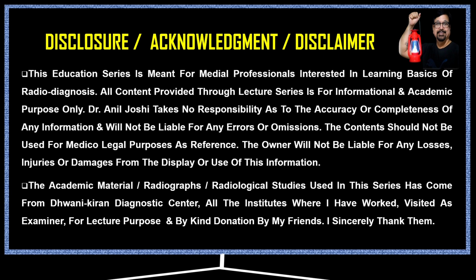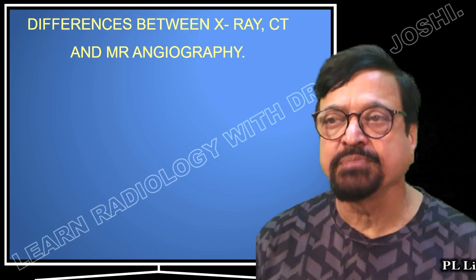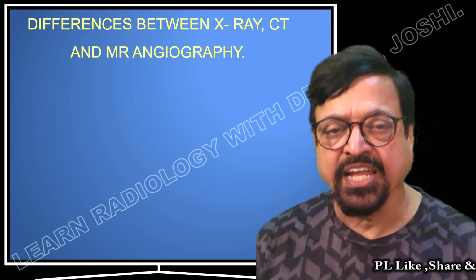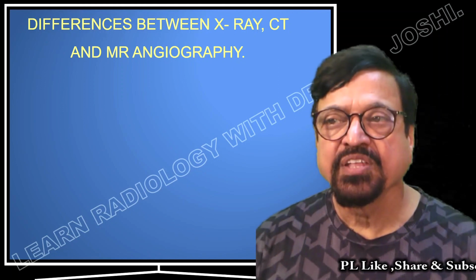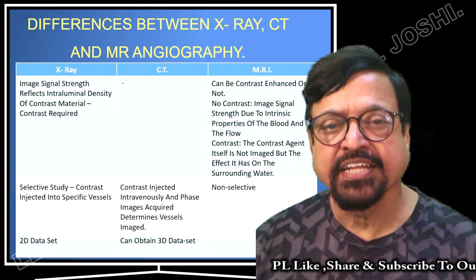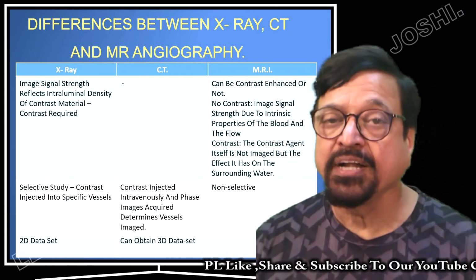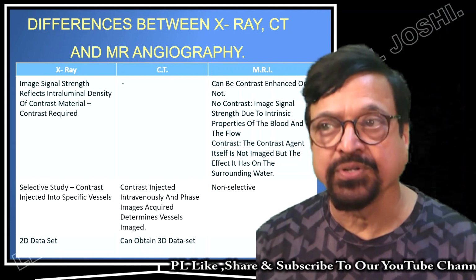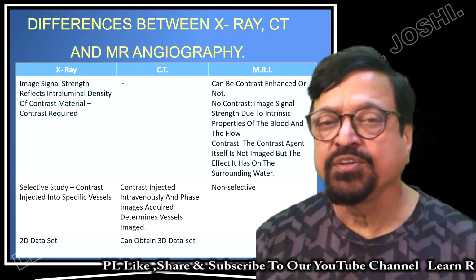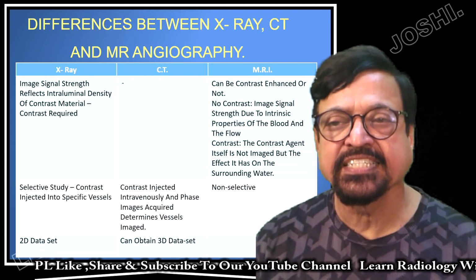With that disclosure and disclaimer, let's get going to the main topic, that is the difference between X-ray, CT and MR angiography. On X-ray, it is DSA angiography, where dye, contrast and special equipment are required, but you can get good pictures, no doubt. Second is CT. The advantage is that when you are doing a CT scan of any patient, you can quickly inject the contrast and get things done.